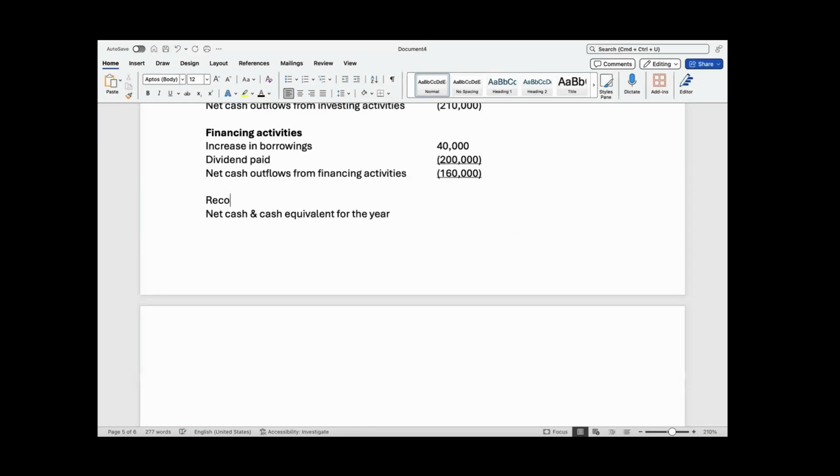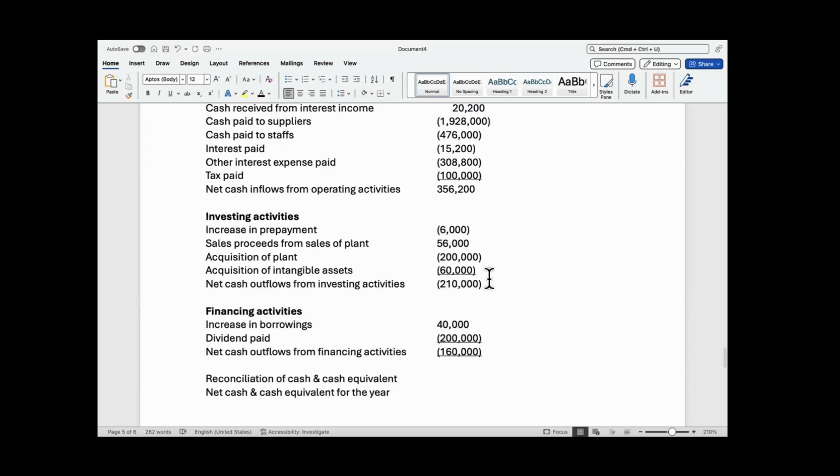We call this part reconciliation of cash and cash equivalent. So what's 160 plus 210 minus 356,200? 13,800 negative.